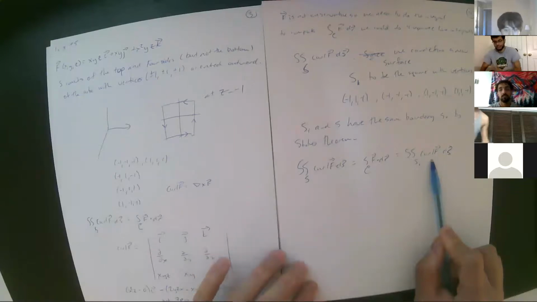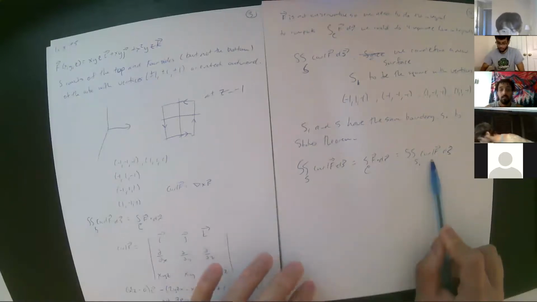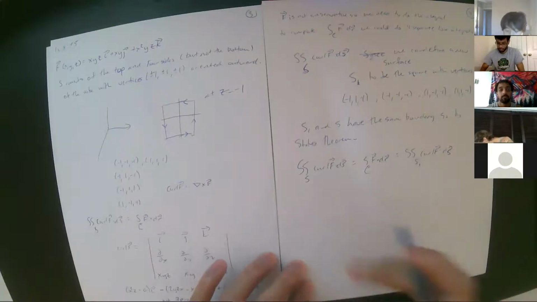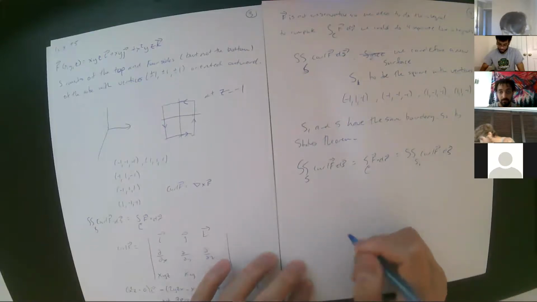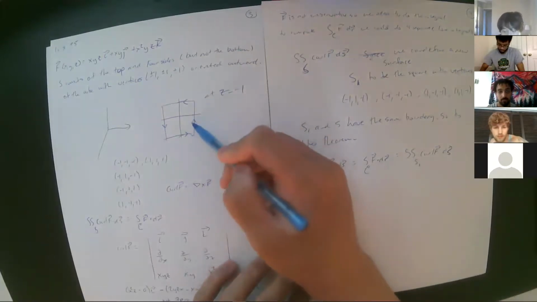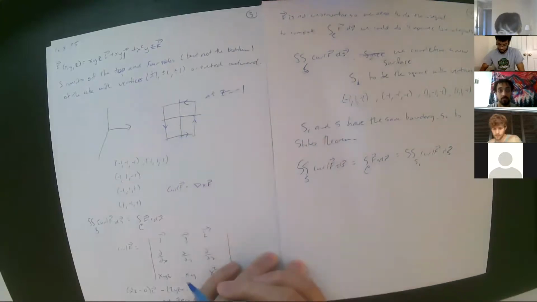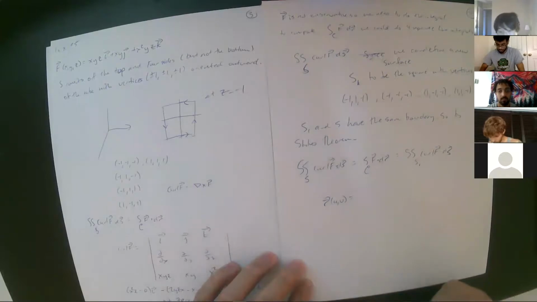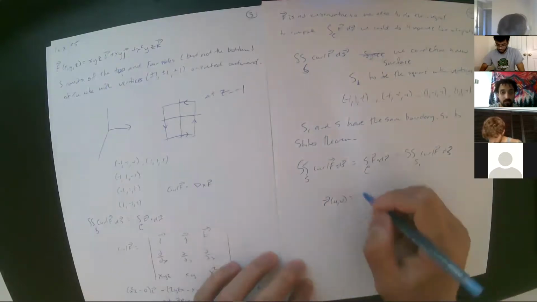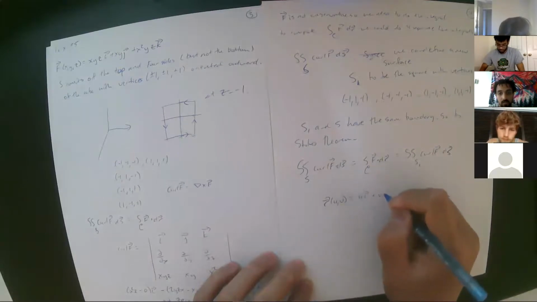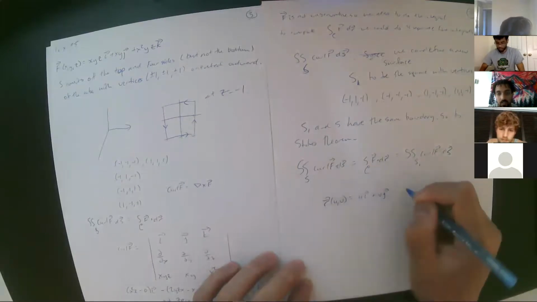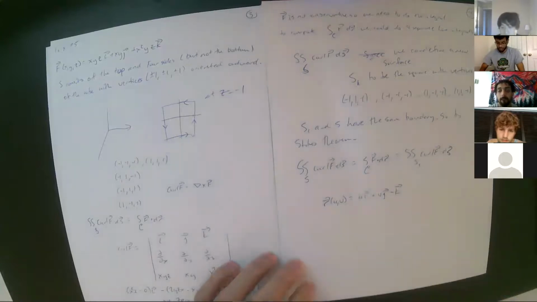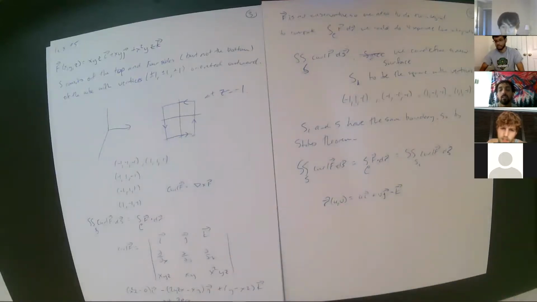This is a very easy surface to parameterize, right? How do I parameterize this surface? I'm parameterizing the surface that looks like this. R of U, V is what? UI plus VJ minus K. Minus K, because K is always minus 1.